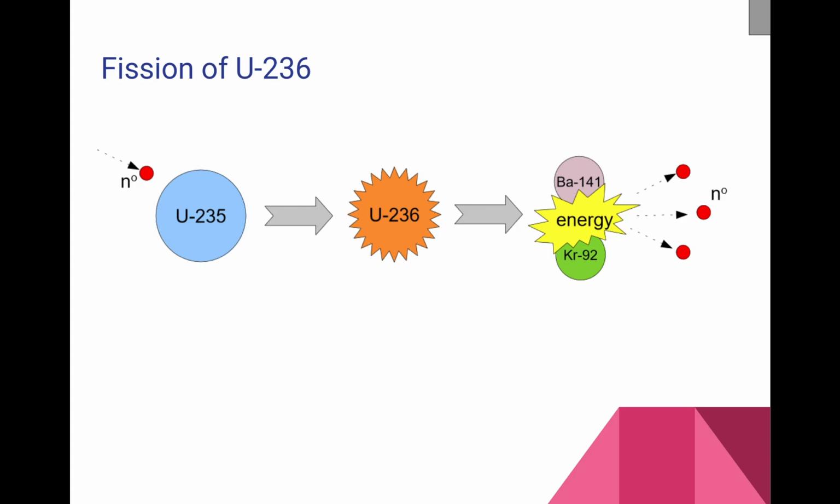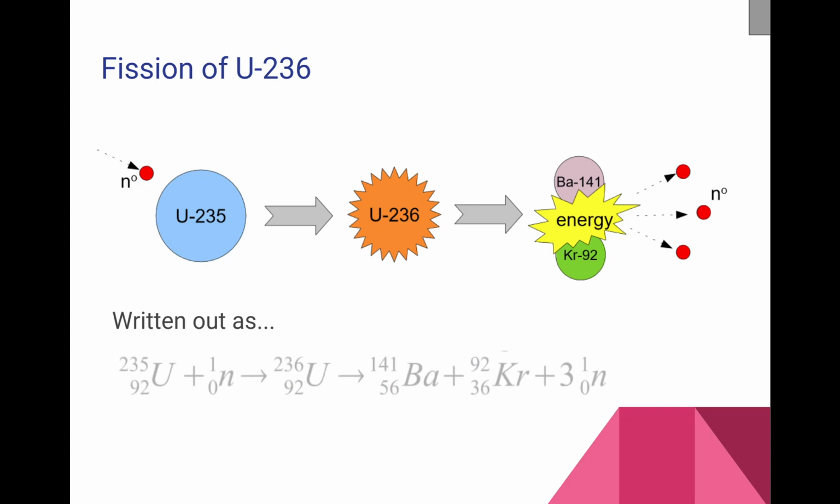Now, this is not a great way to show it because it doesn't let us see all the conservation of nucleons and conservation of charge. So it would be better if we wrote it out in a more standard format. Looking at it here, it's the exact same thing.